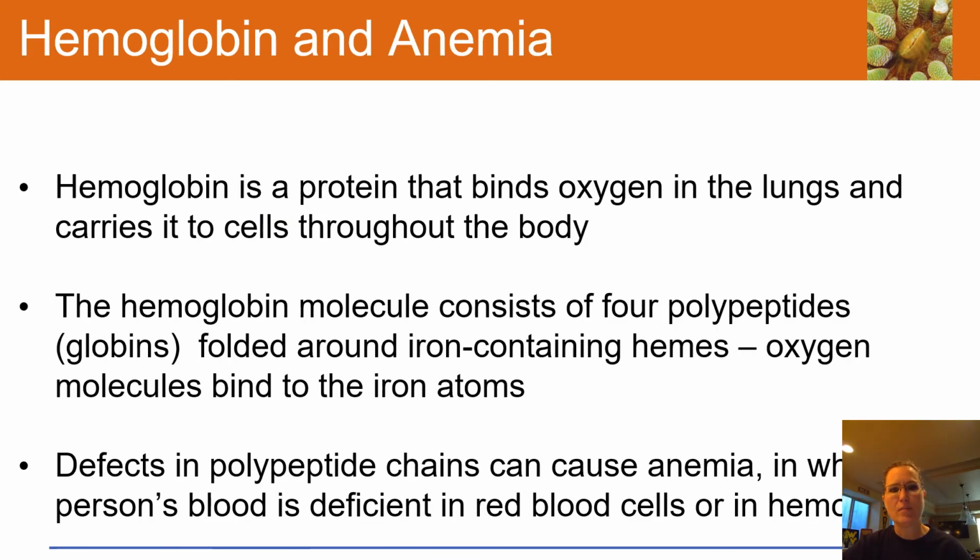And then hemoglobin is pretty important, it carries oxygen in our body. If we think about primary, secondary, tertiary, quaternary, it is a quaternary protein because it is several different things stuck together. It carries oxygen through our bodies. And when it isn't made correctly, because there are genetic mutations, then people have anemia.